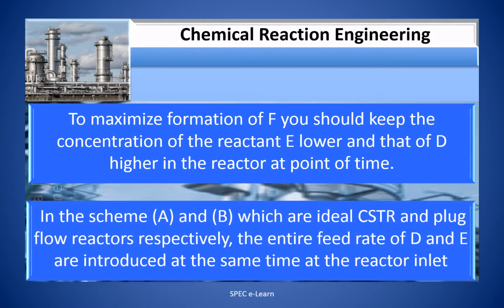In the schemes A and B, which are ideal CSTR and plug flow reactors respectively, the entire feed rate of D and E are introduced at the same time at the reactor inlet.